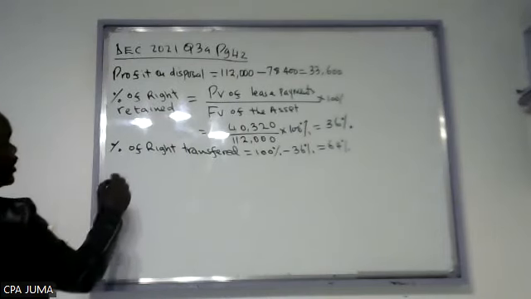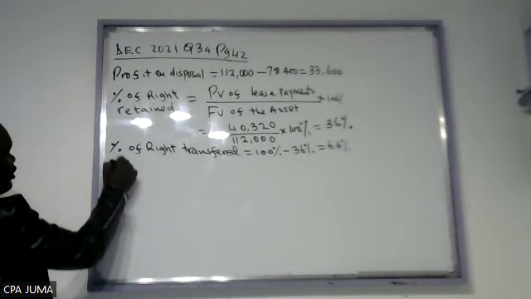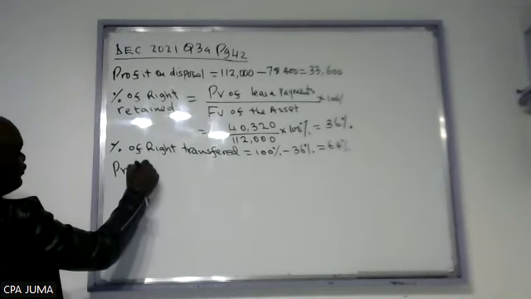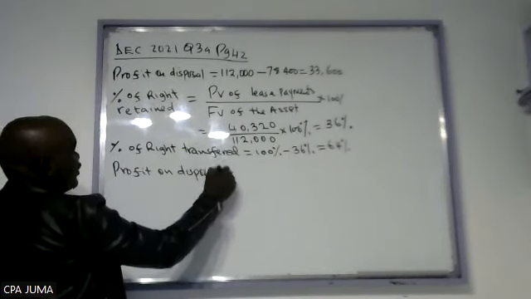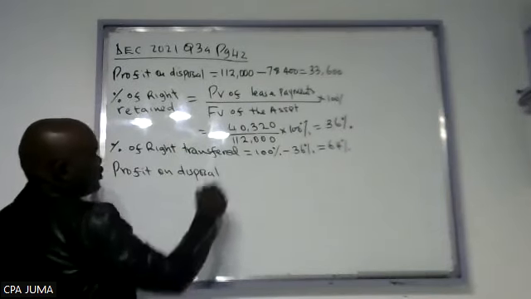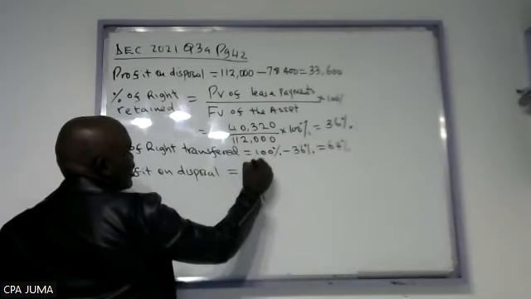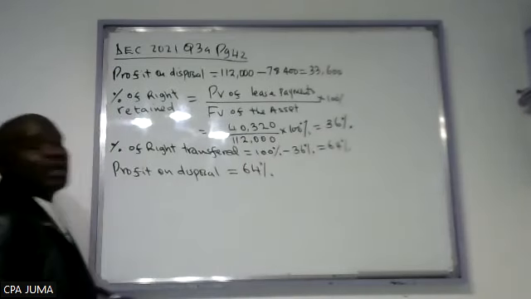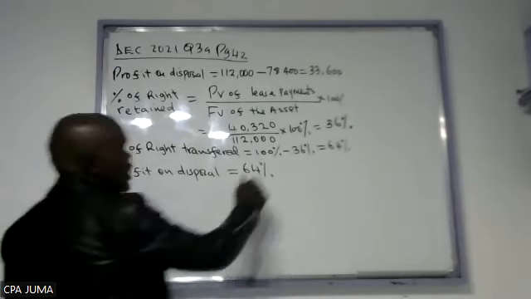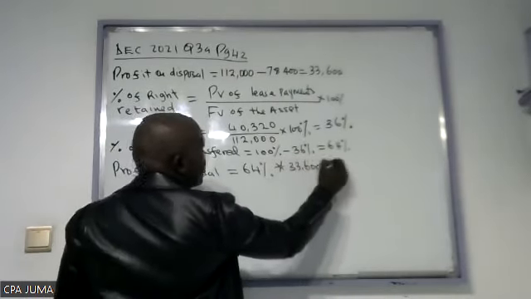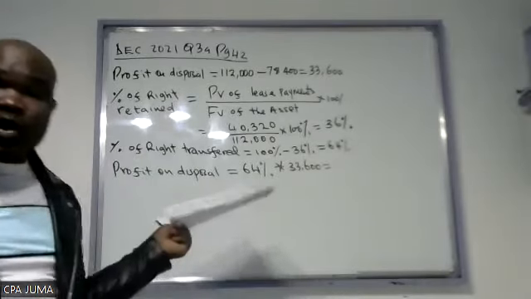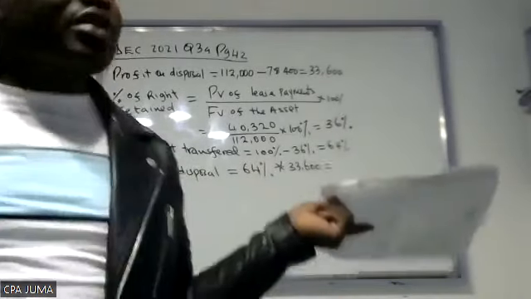So down here you say, profit on disposal will be the right transferred times the entire profit, 33,600. That is what they are supposed to take, and that is what we are going to take in the financial statement.